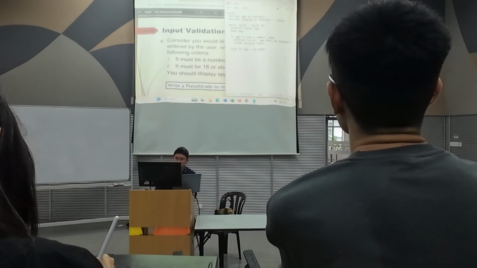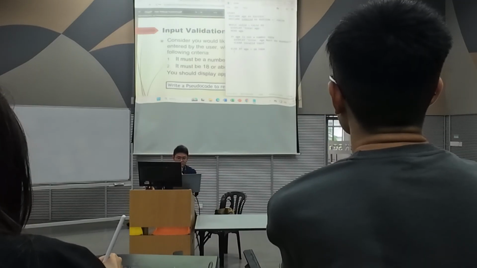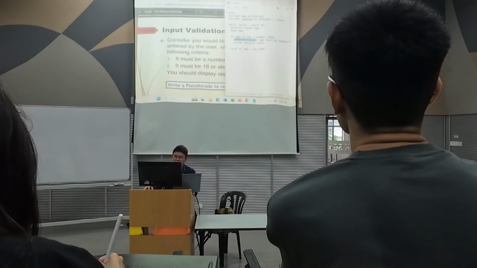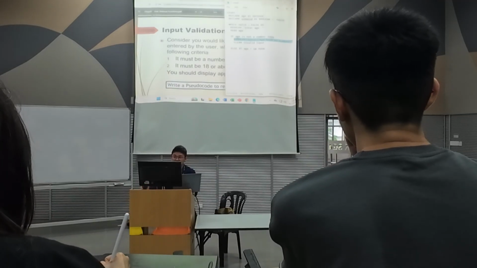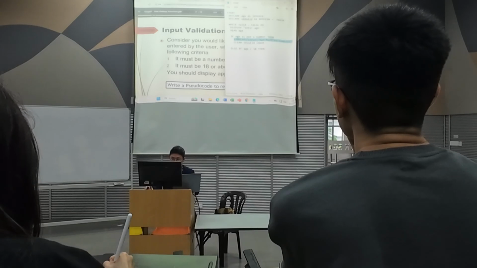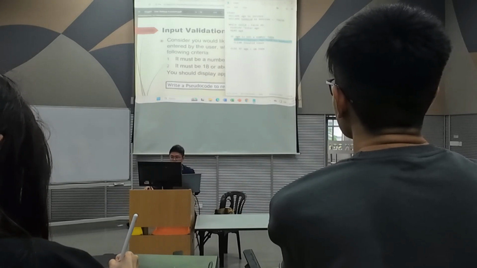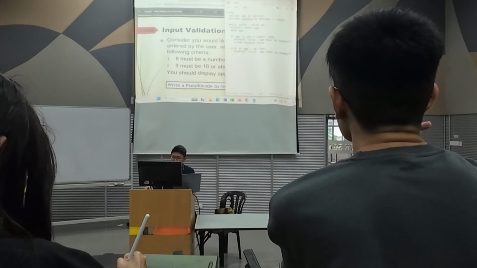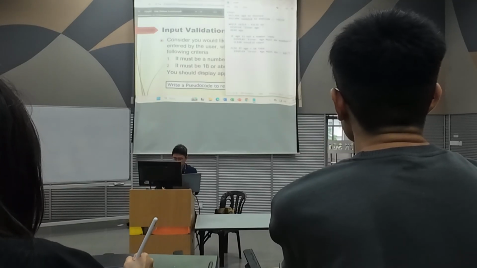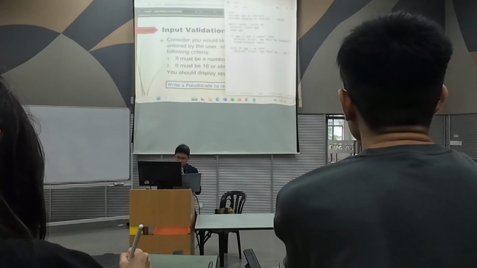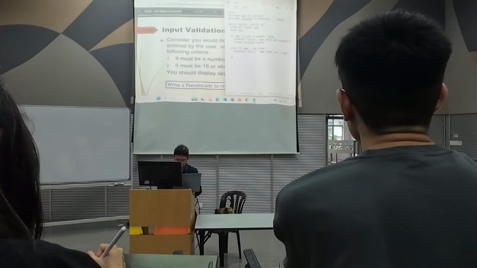If my age is less than 18, same thing, I will display error: the age must be at least 18 or above. The message must be shorter a bit. Just put a short message. So next one.